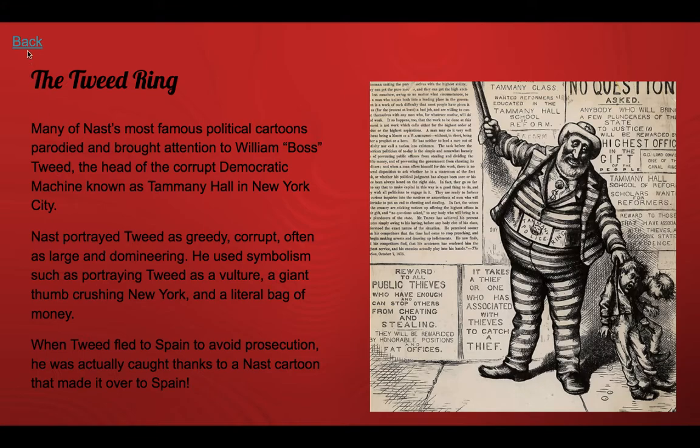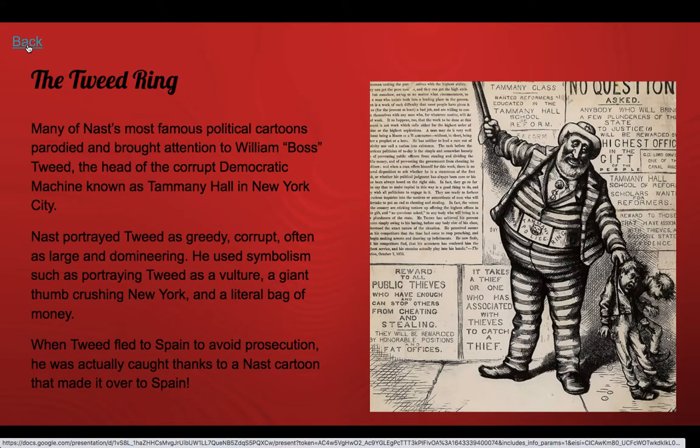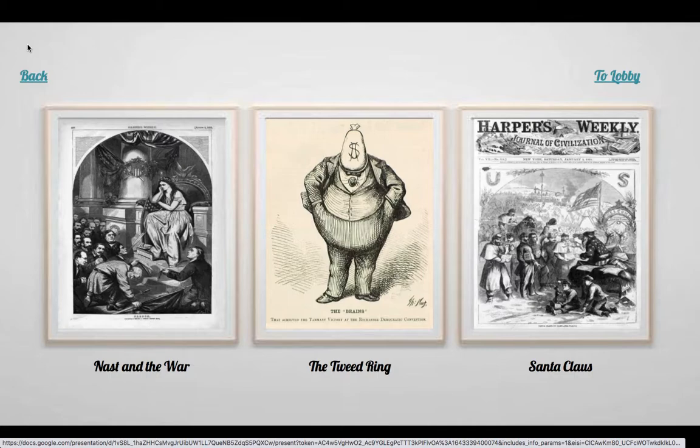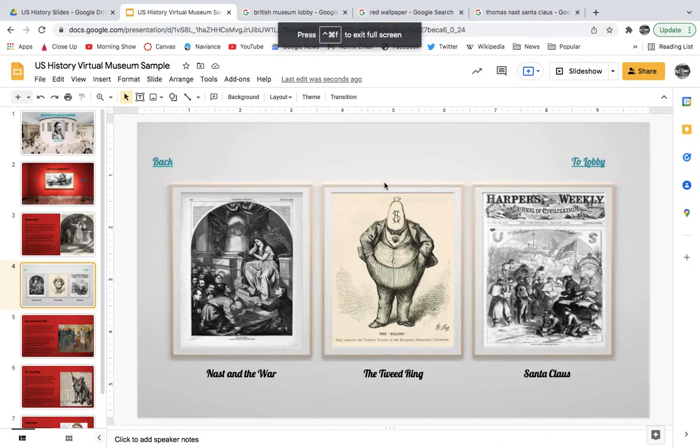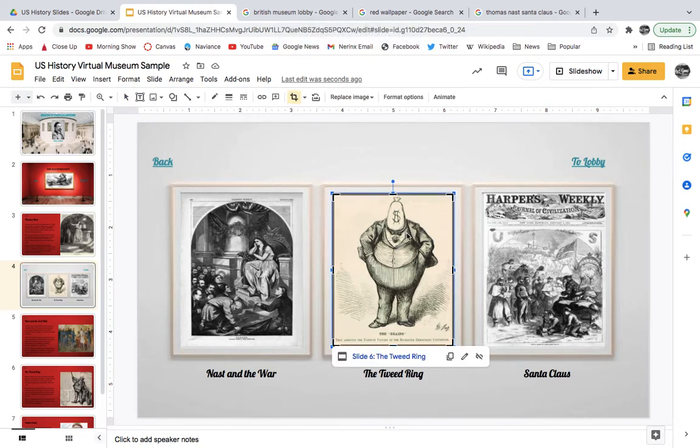Now you also notice I have a back button up here, and I have linked that to this main group right here. You do that simply by clicking the picture that I've put in here. I inserted a picture and I moved it to the right size to fit the background. You can find backgrounds of picture frames like this.